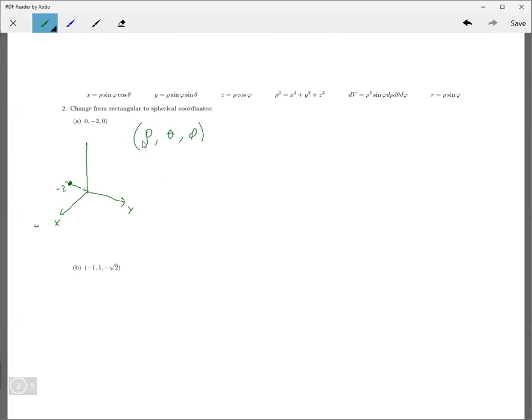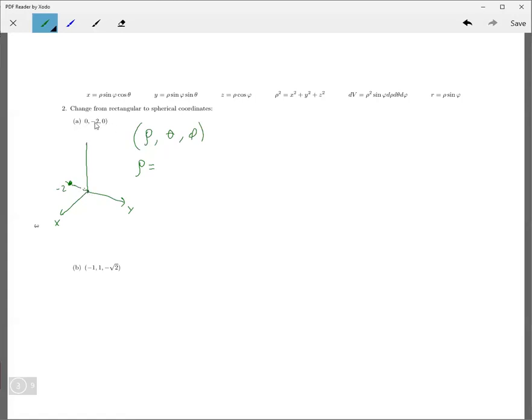Okay, so first of all, what is the rho going to be for this one? How far away from the origin is this point?